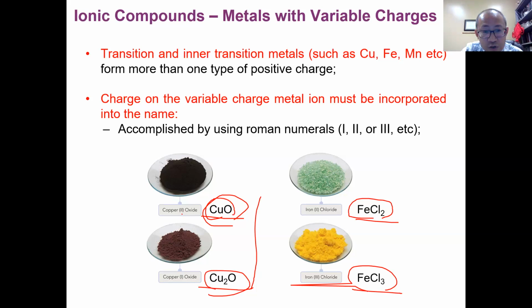You can see that there's a 2 in parentheses. And the second one is copper(I) oxide. You can see there's a 1 in parentheses. So we use parentheses and the Roman numeral to tell the charge. Then we can distinguish these two types of compound. Again, copper(I) oxide and copper(II) oxide are two different compounds.